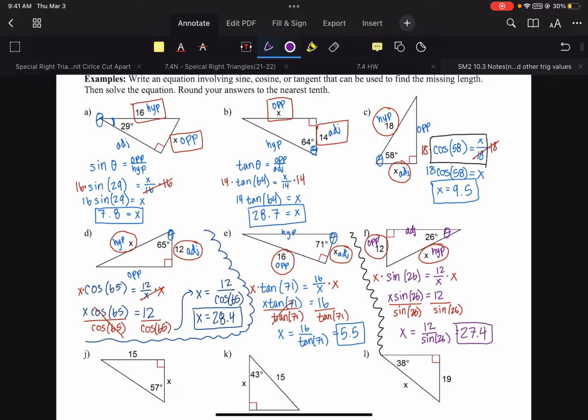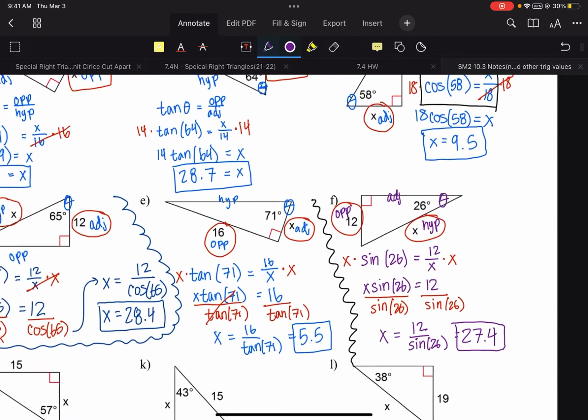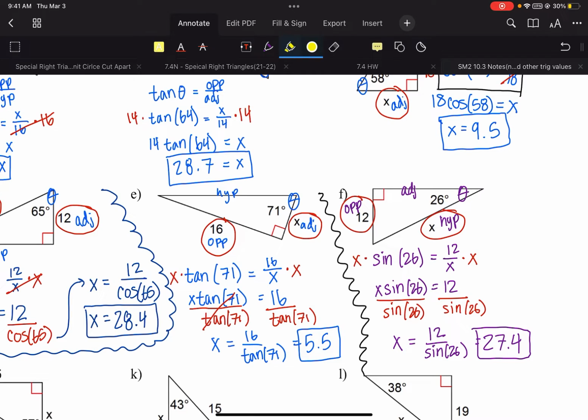This is why I would highly recommend not skipping steps. Show all of your work. How did you get from your initial setup to where your x is by itself? Show all of those steps, and you're going to minimize how many mistakes you make. So don't try to take so many shortcuts that you end up with the wrong answer.